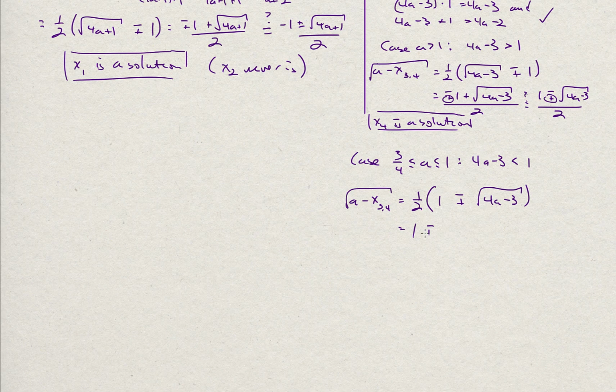In other words, 1 minus or plus the square root of 4a minus 3 all over 2. And does that equal our right-hand side? Well, the right-hand side is 1 minus or plus the square root of 4a minus 3 all over 2. They're identical. So in this case, both x3 and x4 are solutions.